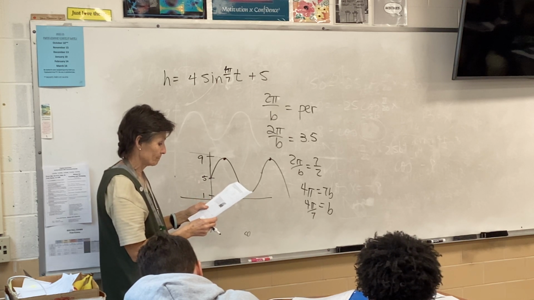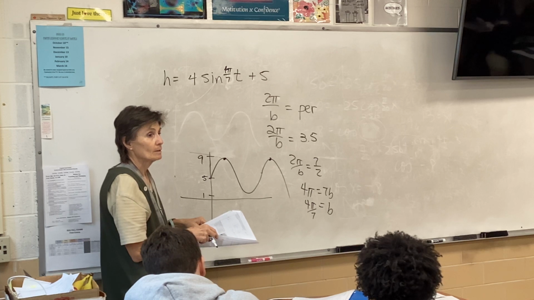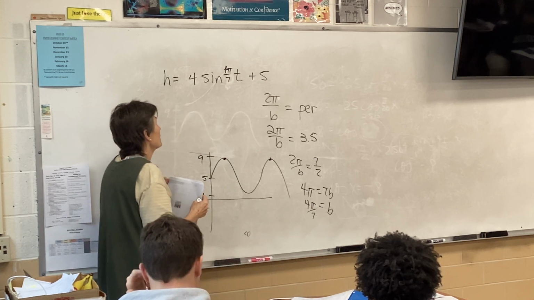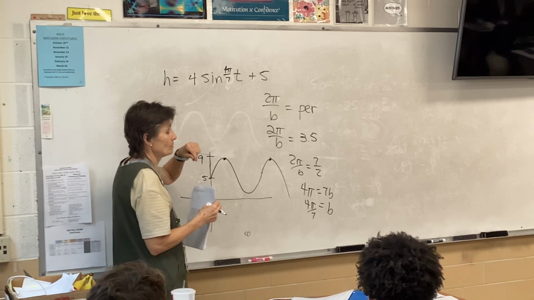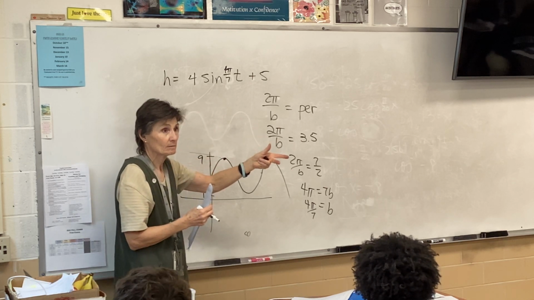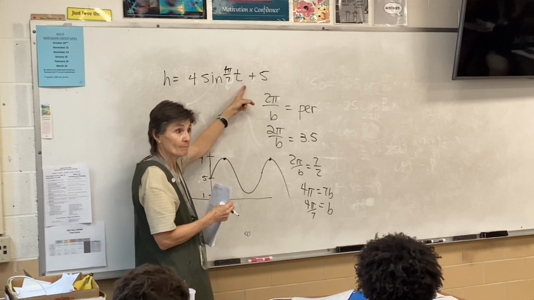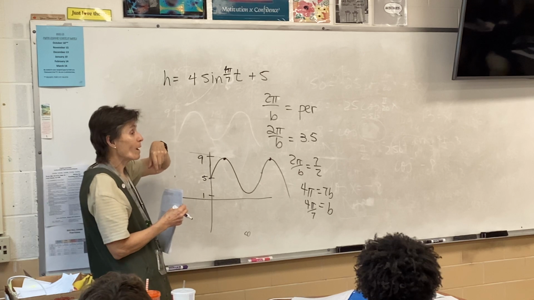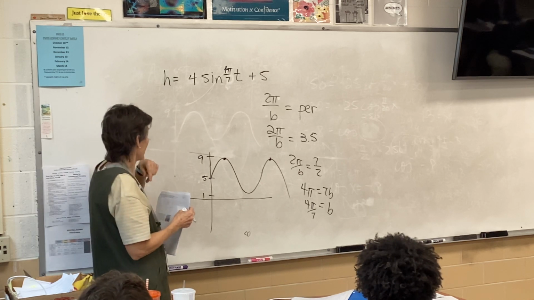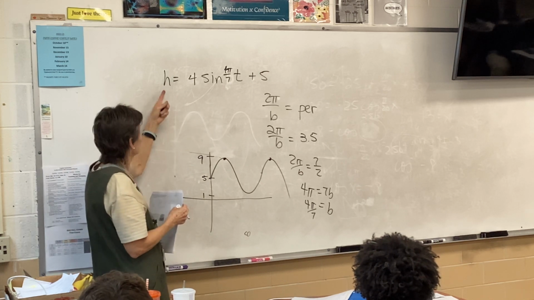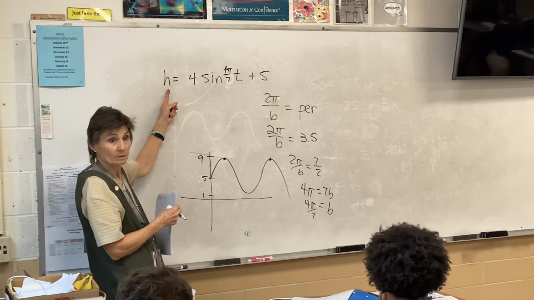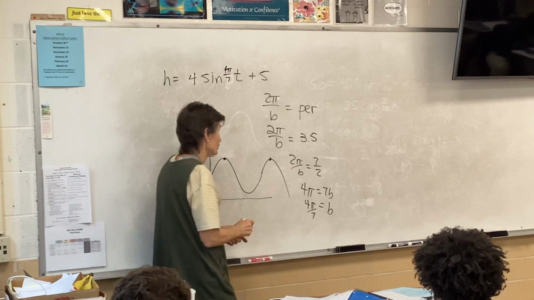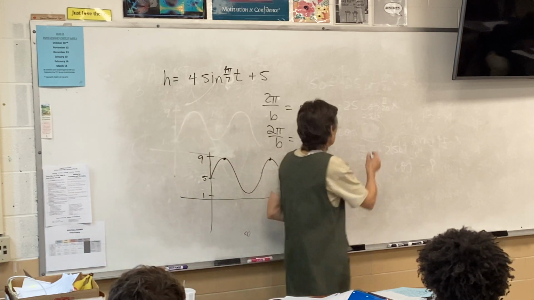So, if we wanted to know how high the waves were at 1 second, we would just plug in 1. If we wanted to know when the waves are, I don't know, 4 feet tall, we would plug in 4. Good, good. Okay.